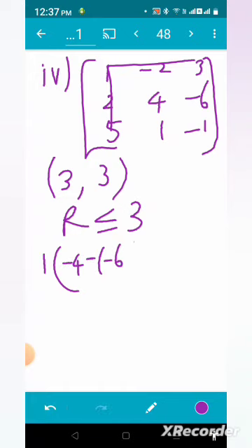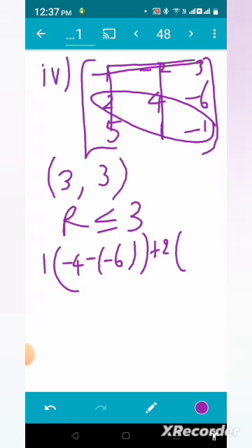Then similarly minus 2, here the signs are plus, minus, plus, so minus into minus is plus, so I take plus 2, into the corresponding row and column, which get cancelled.